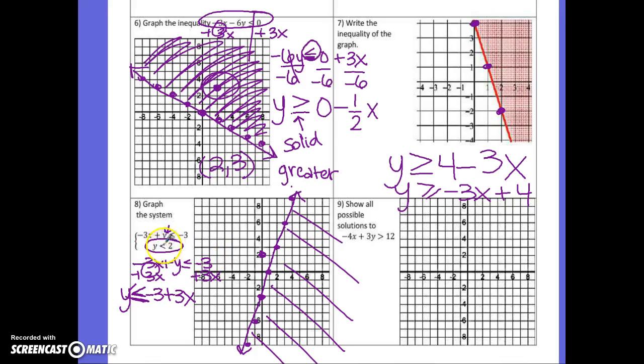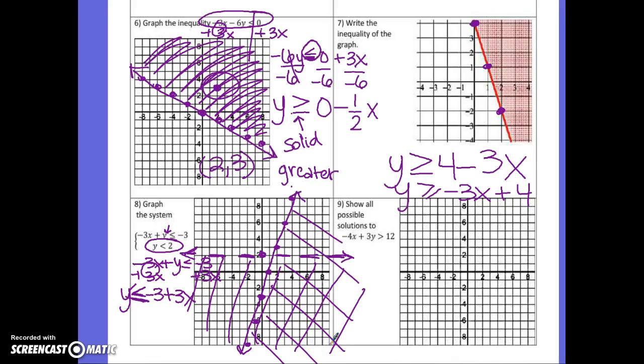But notice I don't have an equal to line here, so I need to draw a dashed line to show that those are not solutions, but it helps us find where the solutions are. So it's less than, so everything below the line, not on the line, are solutions.